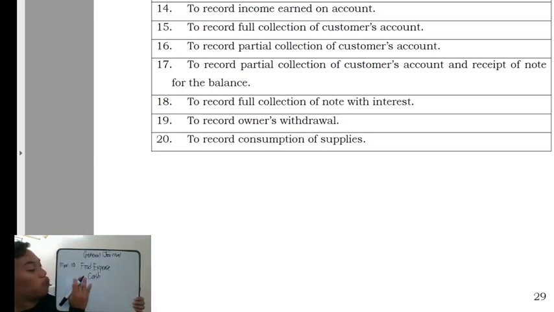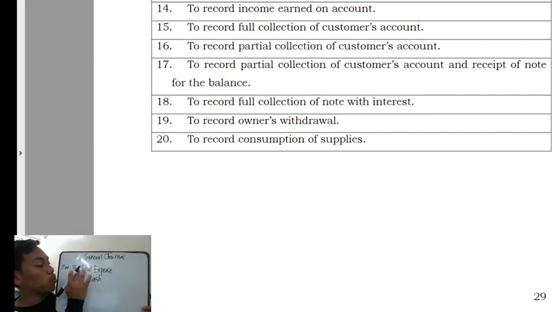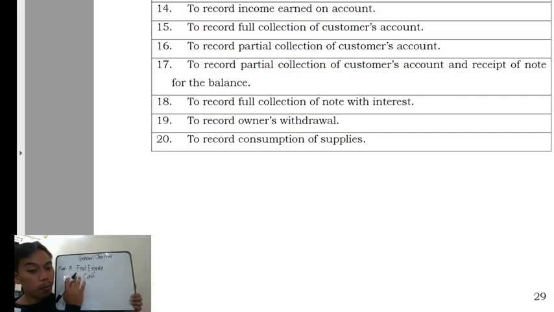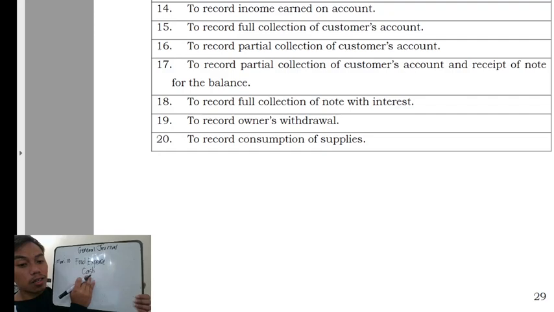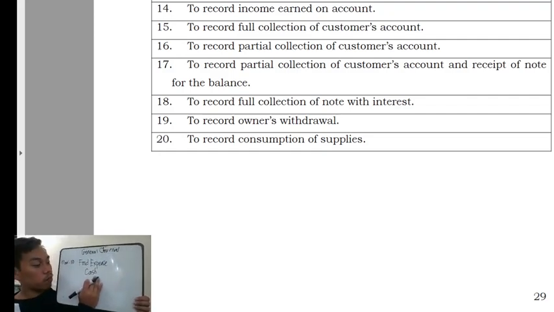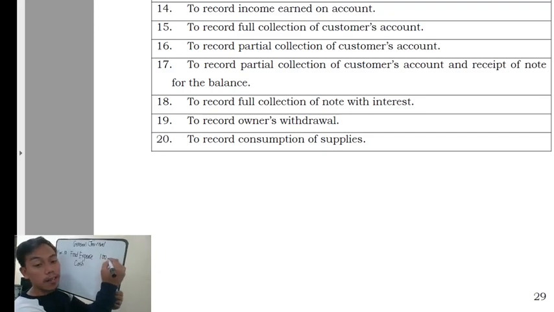So again, may indention. Hindi sila magkakadiretso. May indention po ang credit. So this is my debit expense. Kapag meron kasi tayong expense, increase in expense, that is debit. Nabawasan yung ating asset, credit to cash. Ang binayad ko, let's say 100 pesos. Di 100 dash.